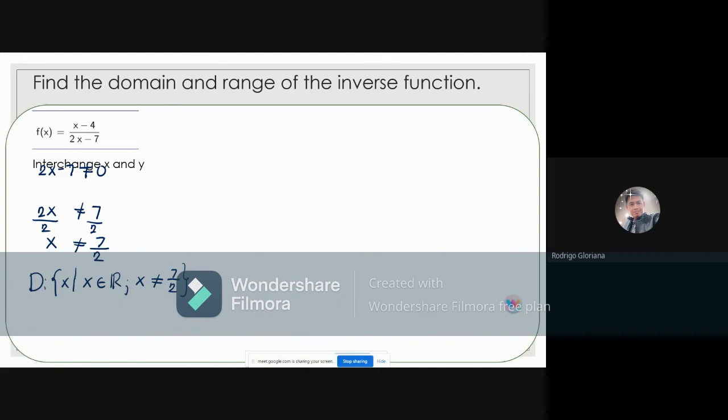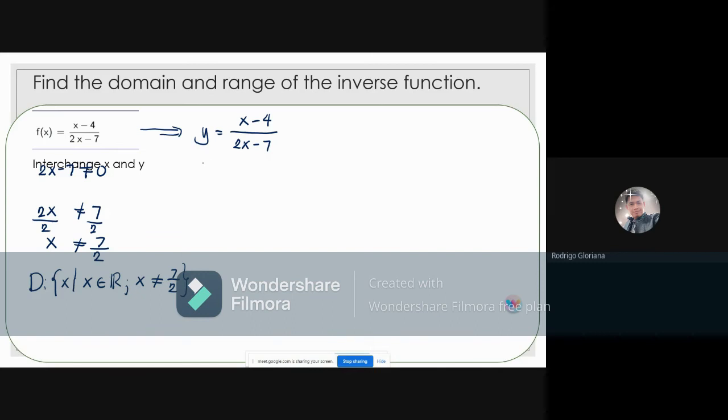Next, for the range, let us translate y equal to x minus 4 over 2x minus 7. As I remember, we already encountered this last time.